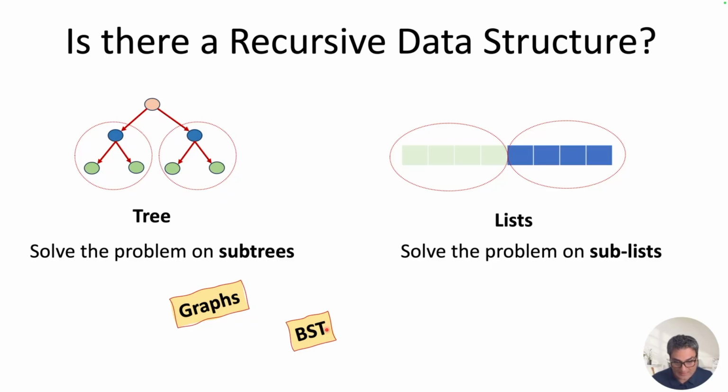So next time that you see any problem on binary search tree, recursion should be the first thing that comes to your mind because this data structure is highly recursive. Matrices are also another example of recursive data structures. So this is one clue for you to think about recursion. Is the problem that's given to me trying to do something on a recursive data structure or not?